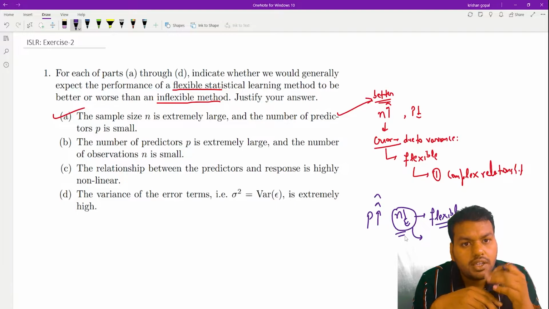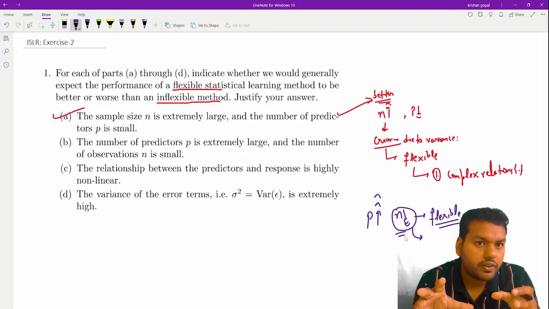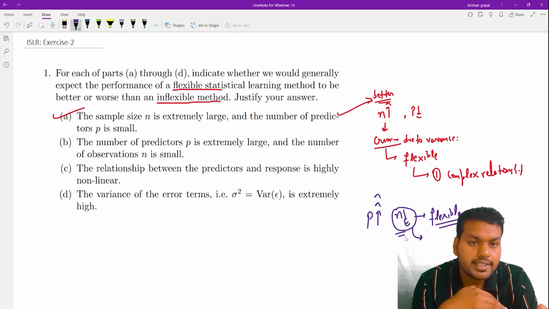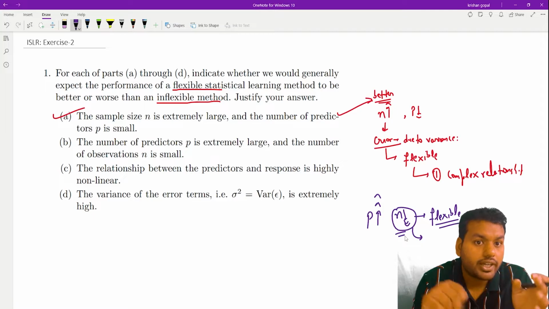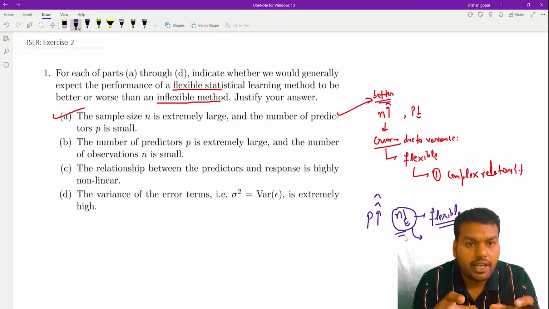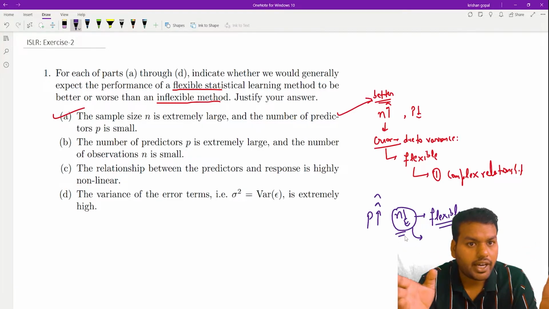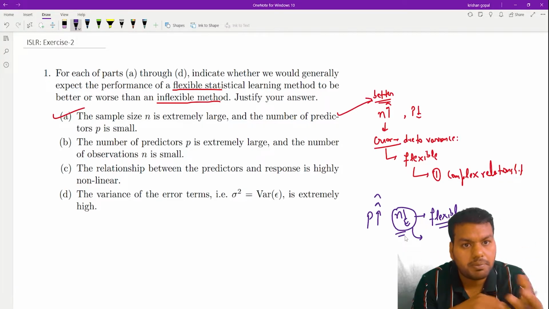My model tries to find some pattern that exists in this data, but once I test my model, it is not easy for that model to find the same pattern in the testing data set. So I will have a high variance, because the training error is very low but the testing error may be very high.